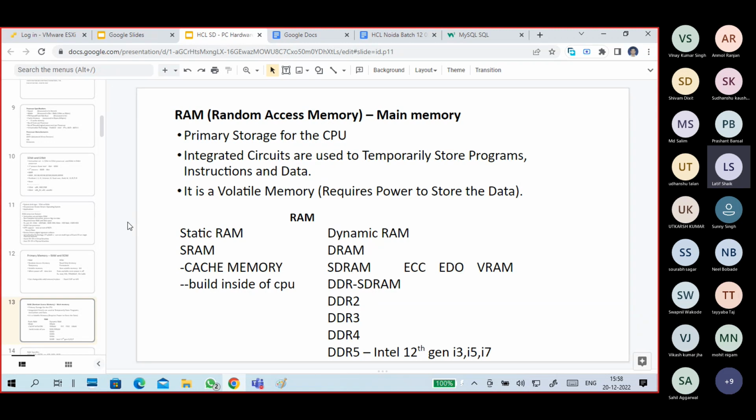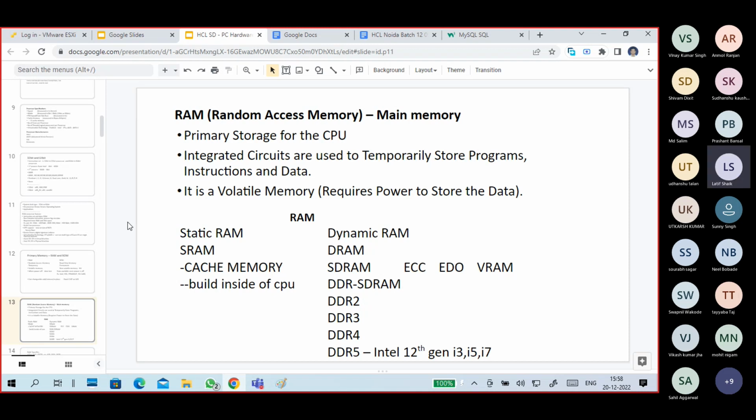This RAM actually has two types: static RAM and dynamic RAM. Static RAM is SRAM, dynamic RAM is DRAM.